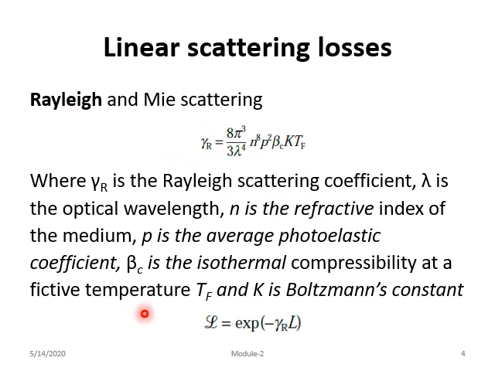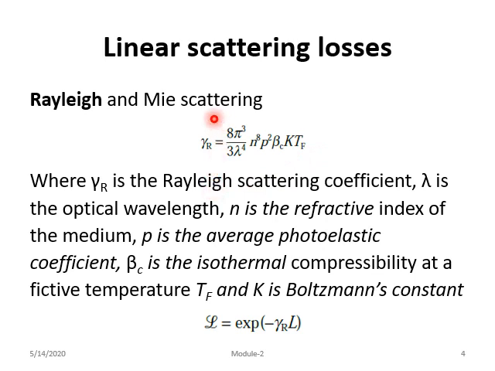The Rayleigh scattering loss is given in terms of exponential of minus gamma r into L, where L is the length we consider. Gamma r is the Rayleigh scattering coefficient, which can be calculated using this equation: gamma r equals 8 pi cubed divided by 3 lambda to the power 4, into n to the power 8, p squared, beta c, k, into Tf.